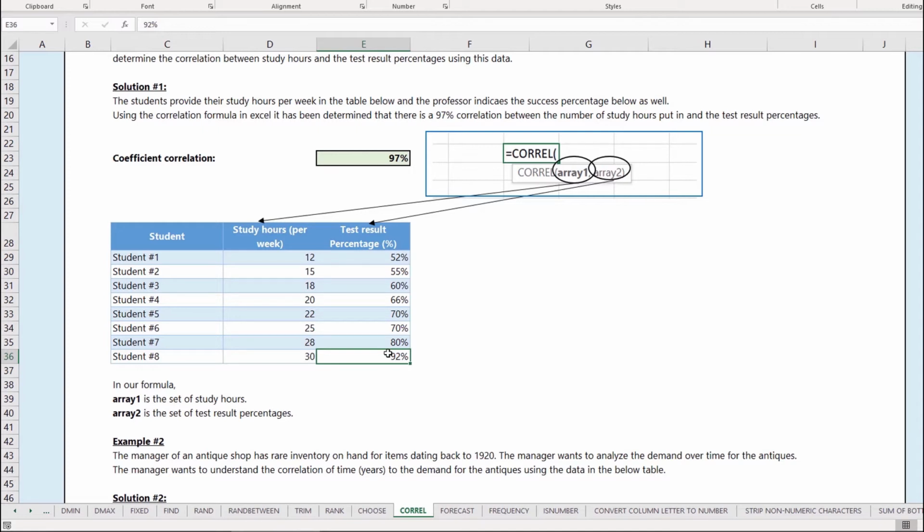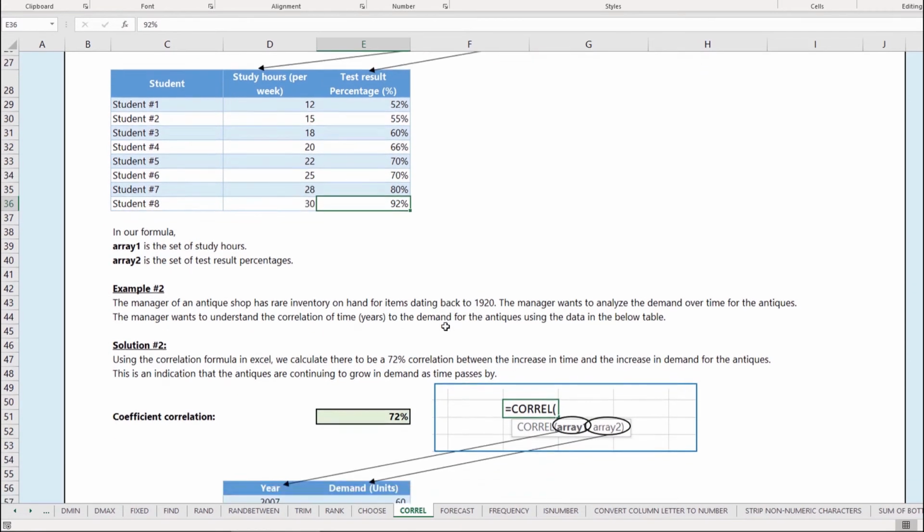If I were to modify this 92 to be 50%, let's take a look at what happens to the coefficient correlation. It actually drops significantly. So that's how we know that the coefficient correlation is working properly. And if there is in fact a strong correlation between study hours and test result percentages, then that correlation will be closer to 100%. Let's take a look at one more example.